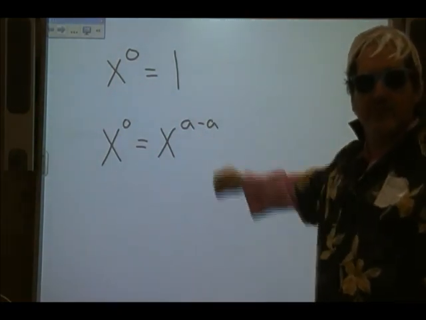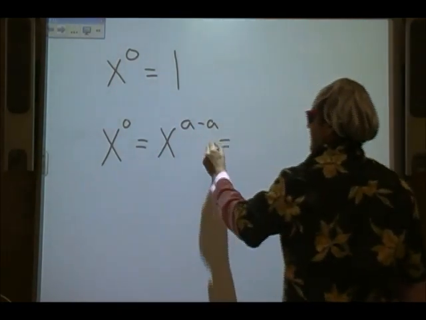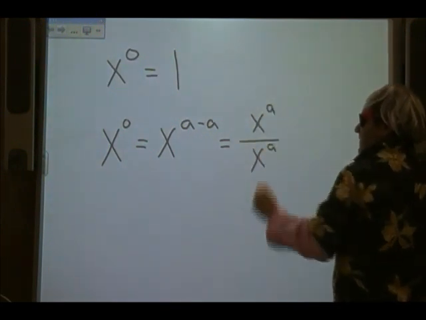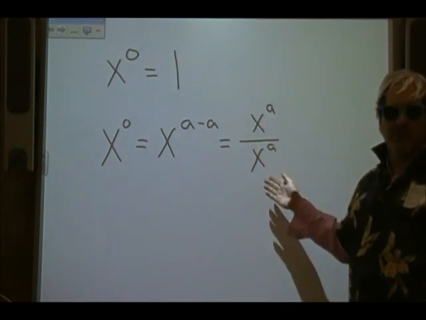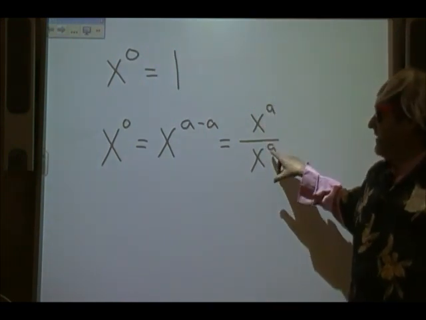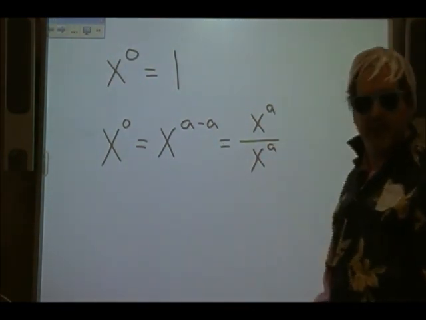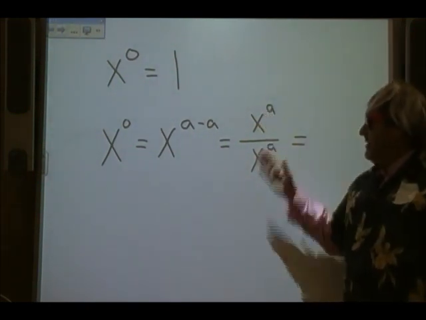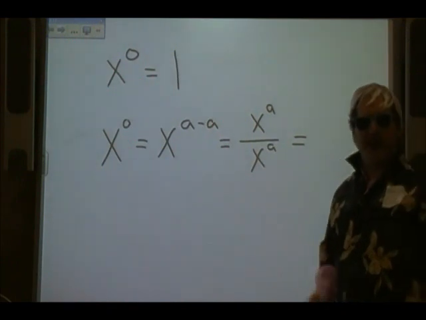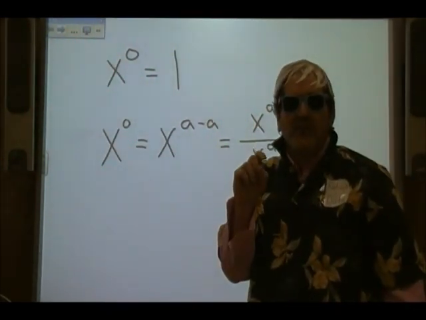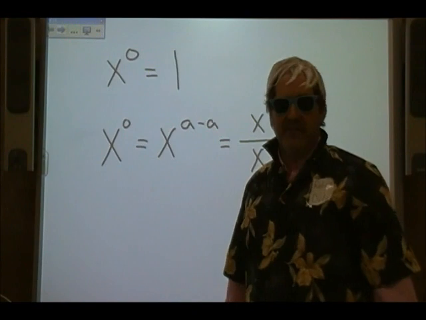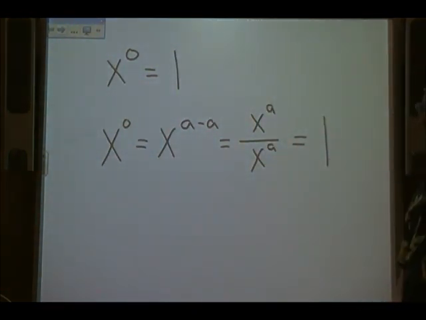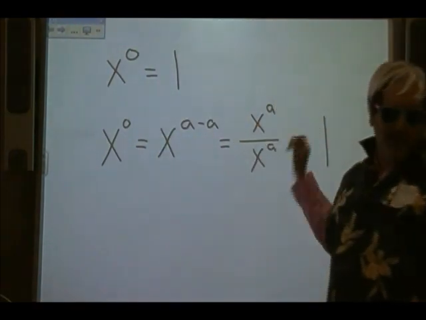Now from our last rule right there, I can write it like this, x to the a over x to the a. Right? Because the quotient rule of exponents shows that when I divide, I'm really subtracting the exponents. But isn't it true that any number over itself is 1, right? When you're a little kid, you say, what's 5 over 5? You say, 1 whole. Well, there it is, 1. Therefore, x to the 0 is 1.